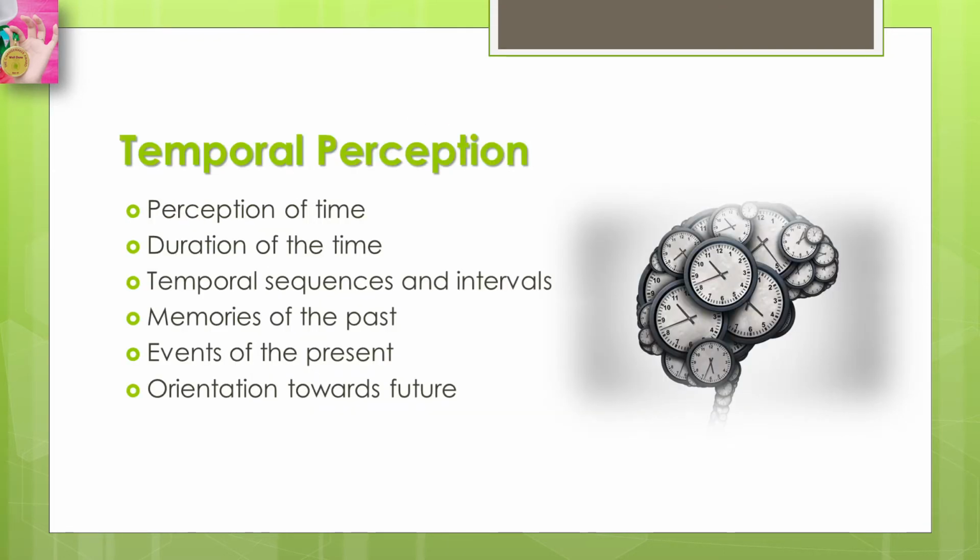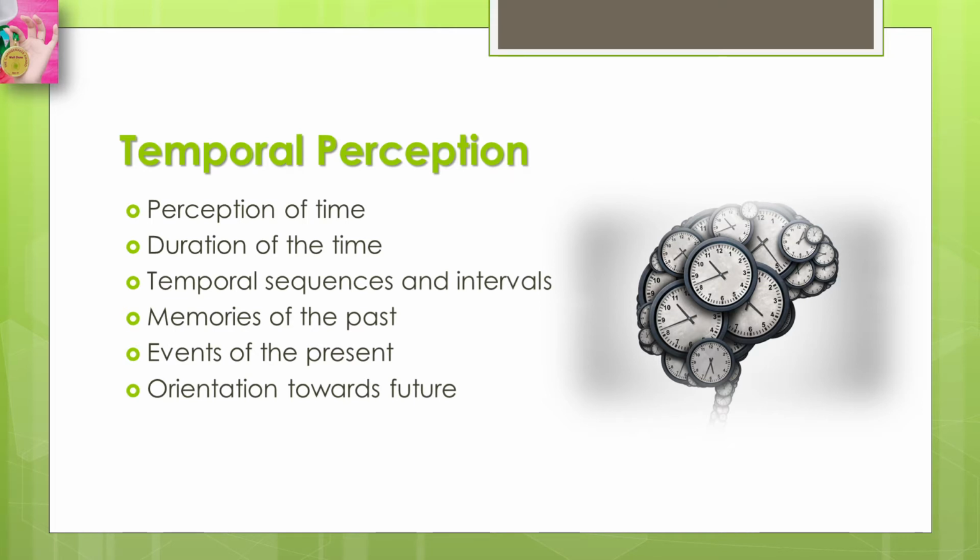Now, perception of time, which is also known as temporal perception, takes many forms. Often we experience the time spent in doing a work, and we also experience the exposure period of some kind of stimulus, that is, duration of time.